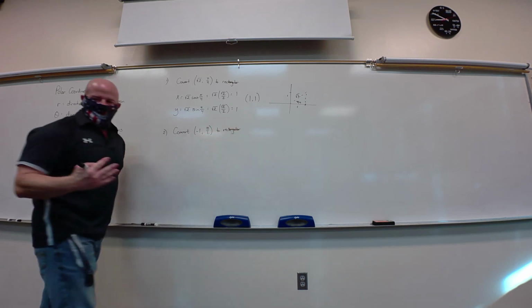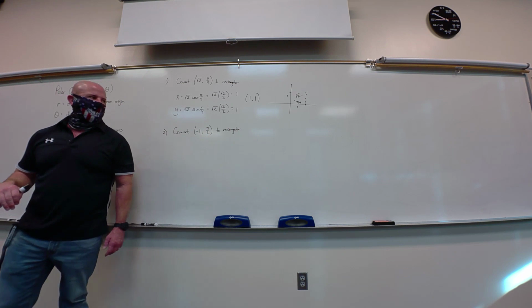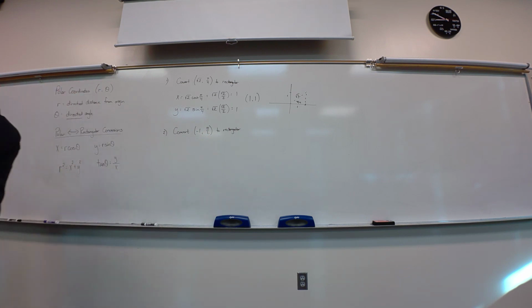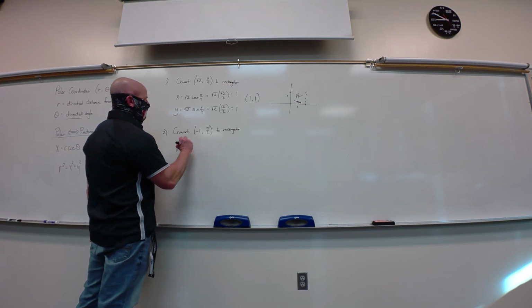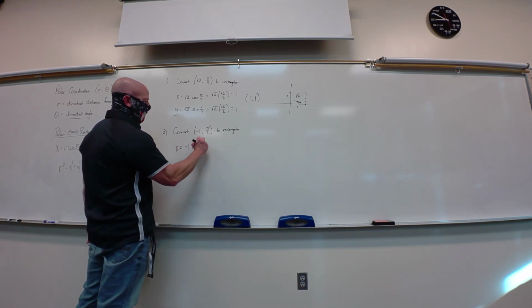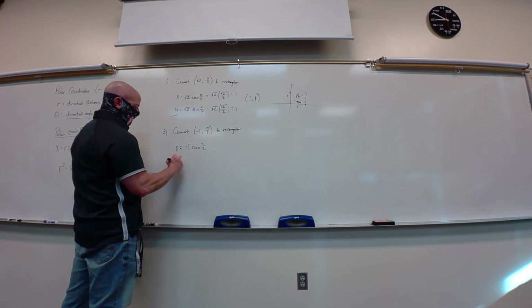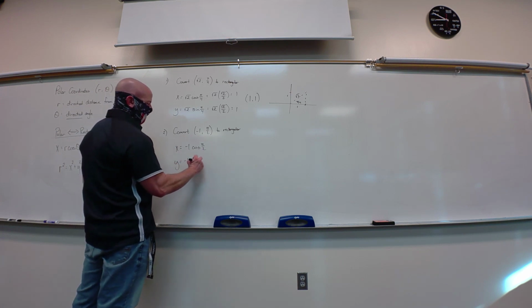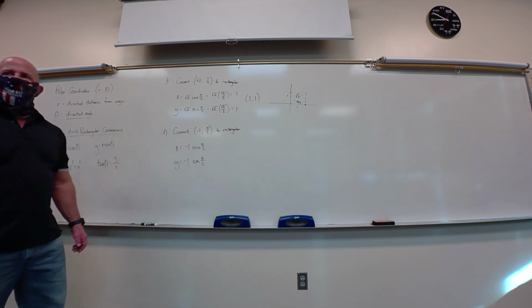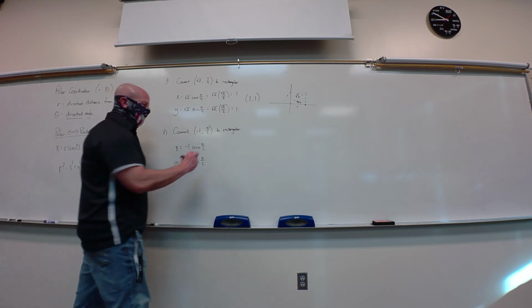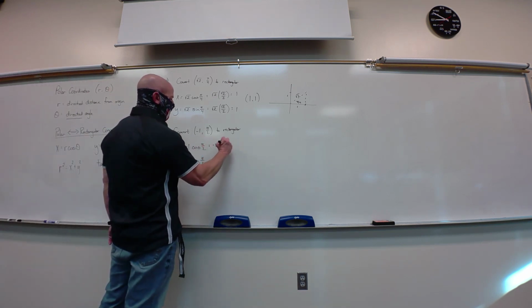And if you get some non-standard ones, things like that, you got your calculator, but just kind of looking at some basic ones here, angles we should know. Negative 1, pi halves, x equals negative 1 cosine pi halves, y equals negative 1 sine pi halves. Well, cosine of pi halves is 0. Negative 1 times 0 is 0.